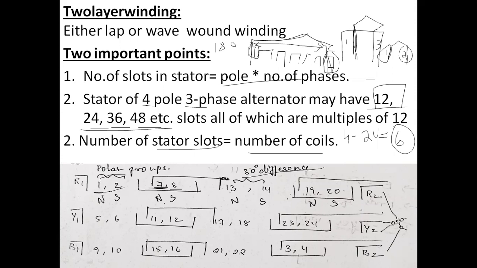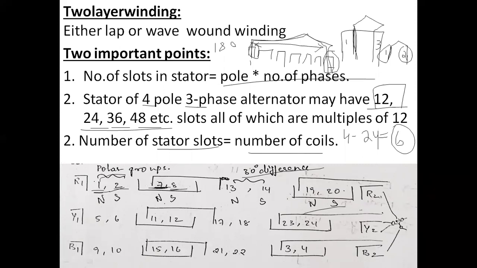Okay, so the R phase will be started at 1 and ends at 7. Again, the R phase will be starting at 2 and ends at 8. Okay, so first there will be north, south, north, south, north, south, like that. The poles will be.